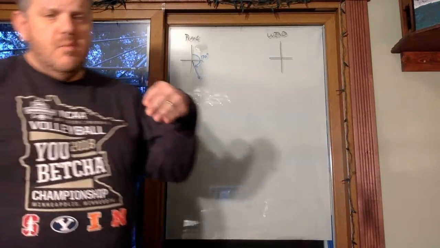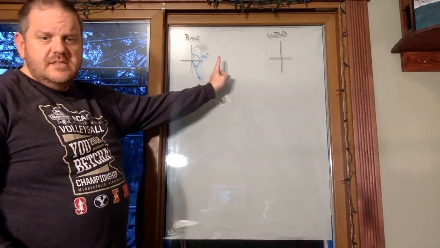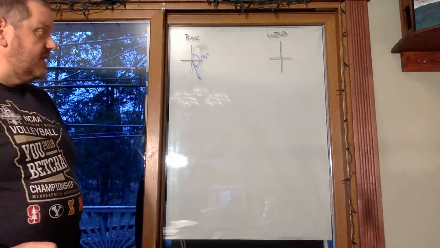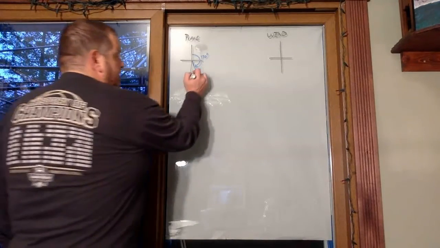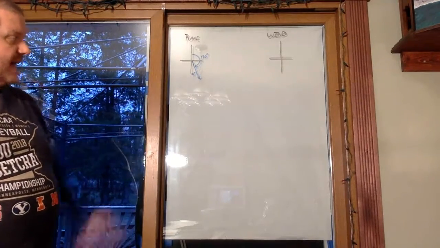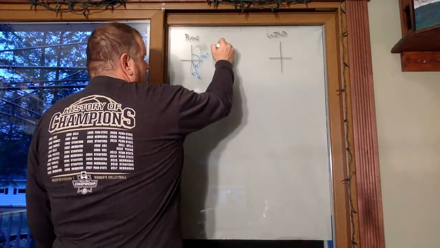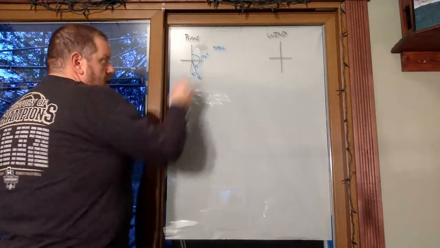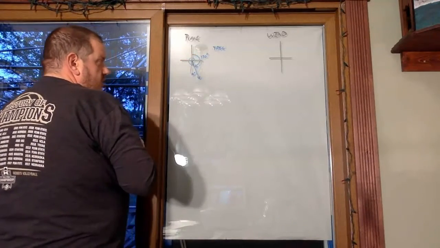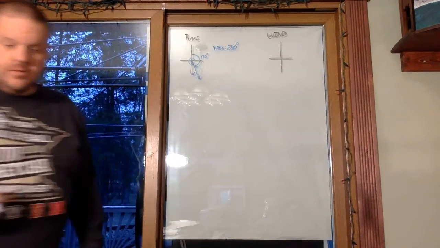Remember, with bearings, straight up is 0, east is 90, south is 180, west is 270. Which would leave a 10-degree angle to get back to due south. And that's important because the trig angle for this scenario would start here and go all the way around this way. So the trig angle there would be 280 degrees.